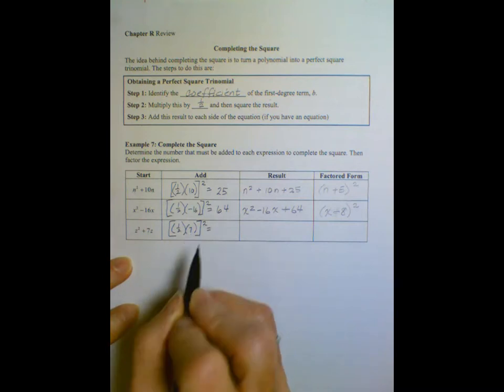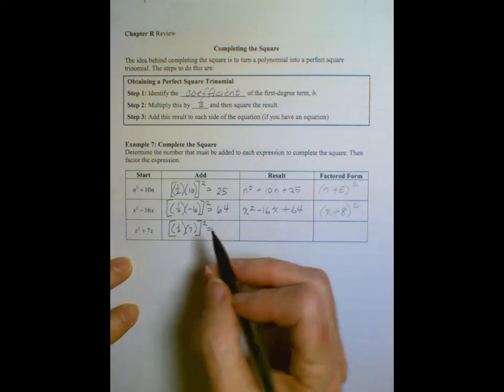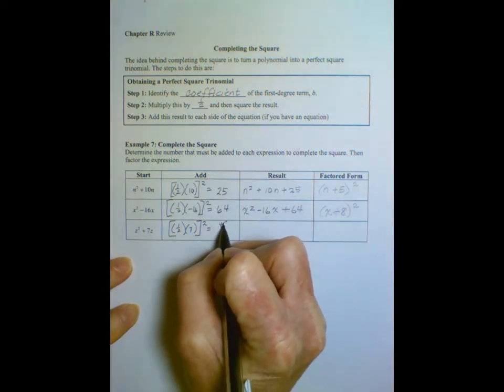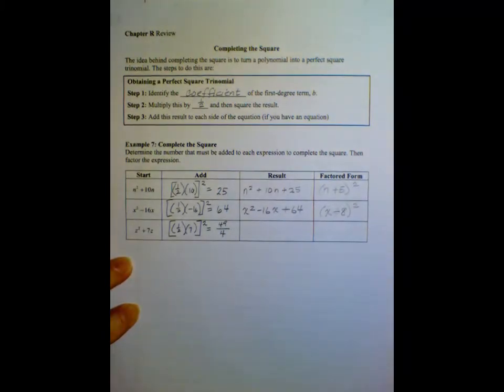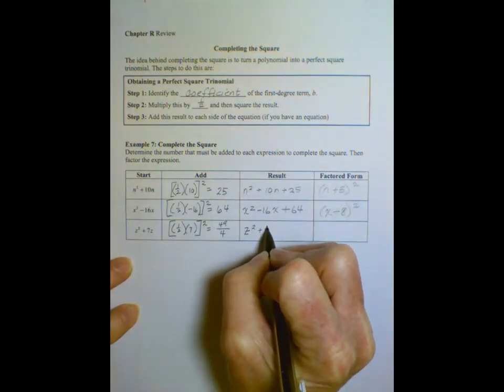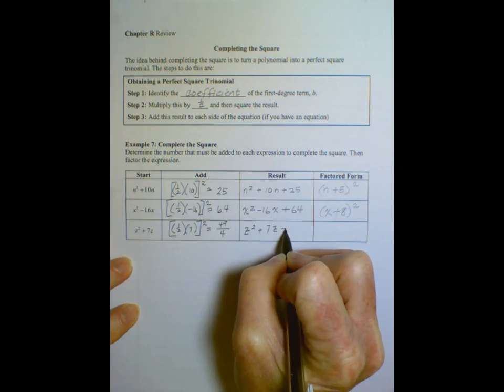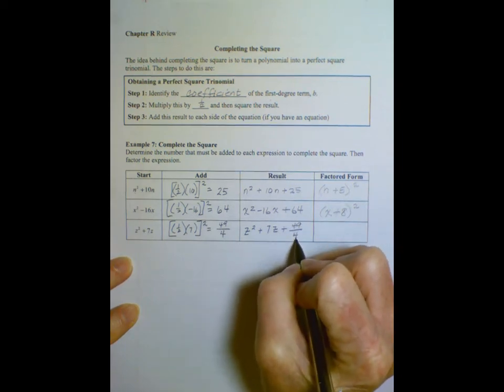So half of 7 is 7 over 2, 7 halves. And if you square 7 halves, you square the top. 7 squared is 49, and you square the bottom, and you get 4. 7 over 2 squared, 49 over 4. So the result is z squared plus 7z plus, and this one was a plus, 49 over 4.